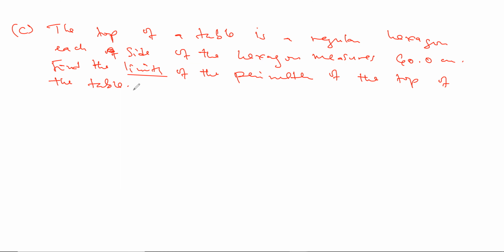So since this is a hexagon, it means it's a 6-sided figure. A 6-sided figure looks like this: 1, 2, 3, 4, 5, 6. And we've been told that each side of this is 60.0 centimeters.